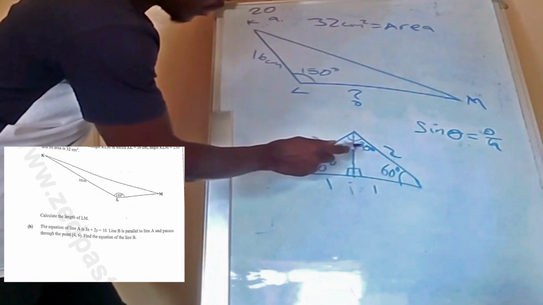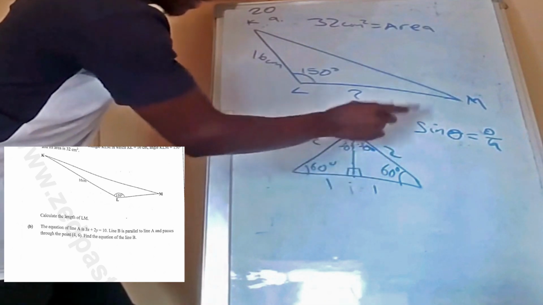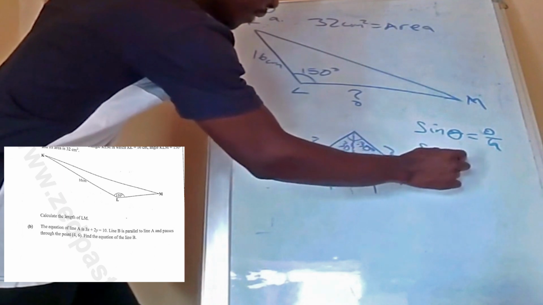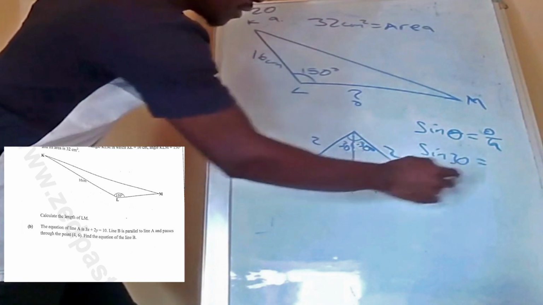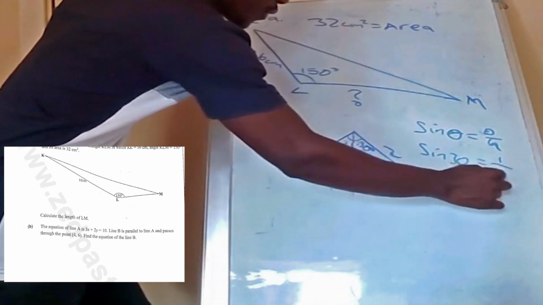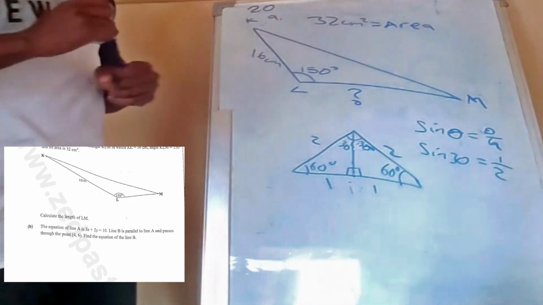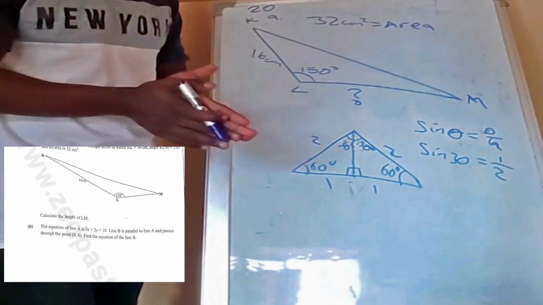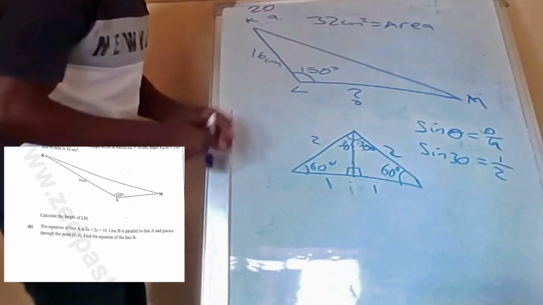So sine 30 is equal to the opposite divided by the hypotenuse. What is the opposite? 1, over our hypotenuse, which is 2. So sine 30 is equal to half. Therefore, sine 150 is also equal to, yes, half. Okay.